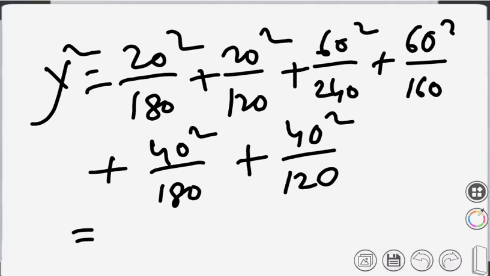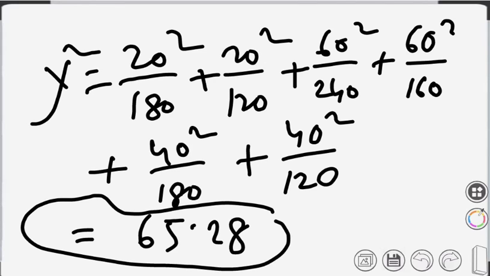A student says 65.77, sir. No, 65.27, a typing mistake. So it is 65.28. And this is the calculated value.